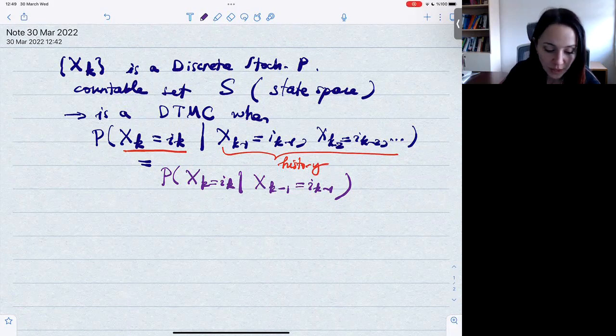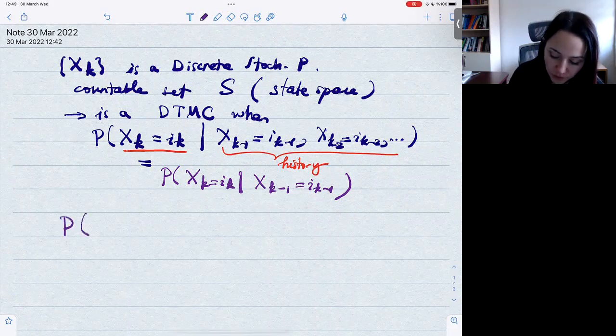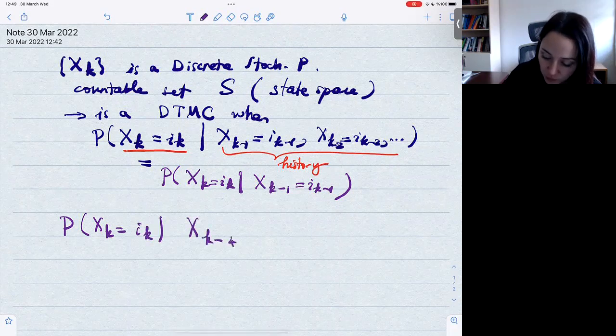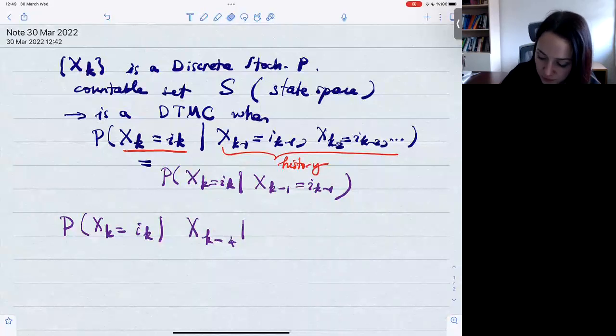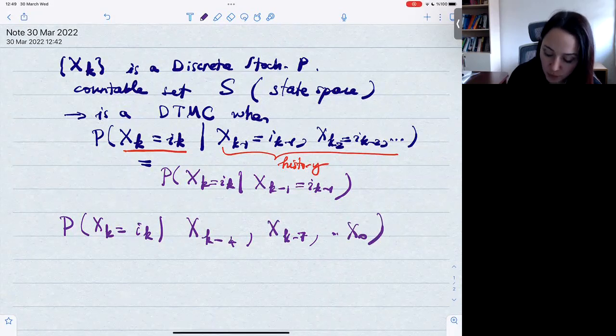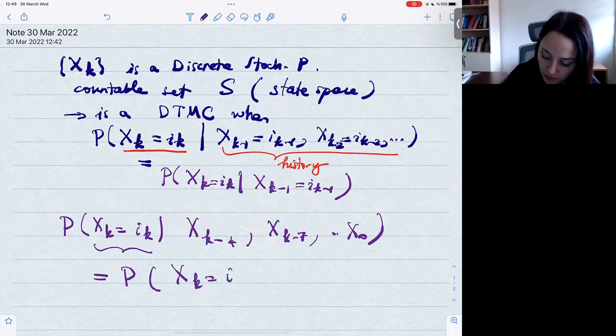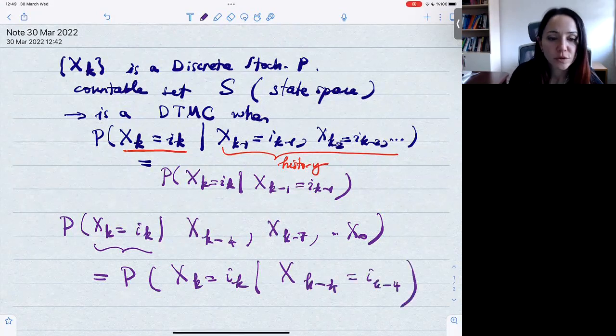It can be shown, and we do these things in EE 531, that if we are given, for example, X sub k minus 4, X sub k minus 7, X sub 0, the probability that X sub k takes on the value i_k, given all of these values, would be equal to the probability that X sub k is equal to i_k, given X sub k minus 1. This characterizes a Markov chain.